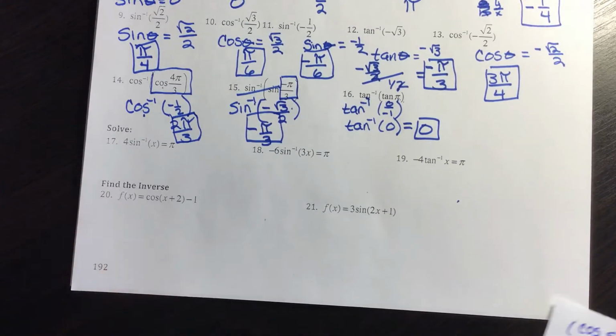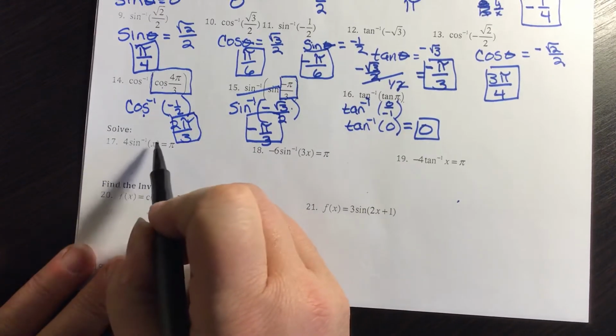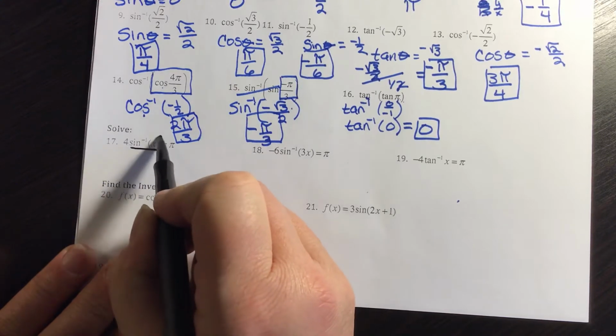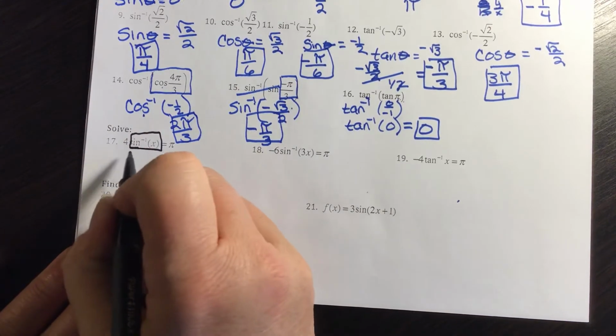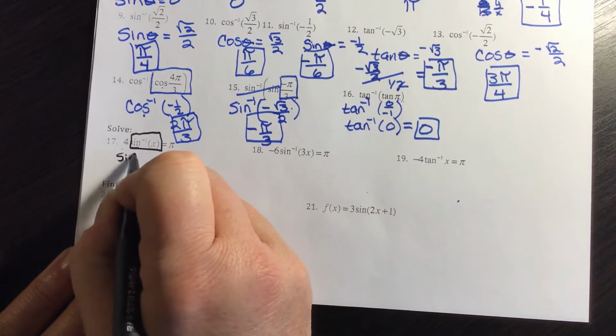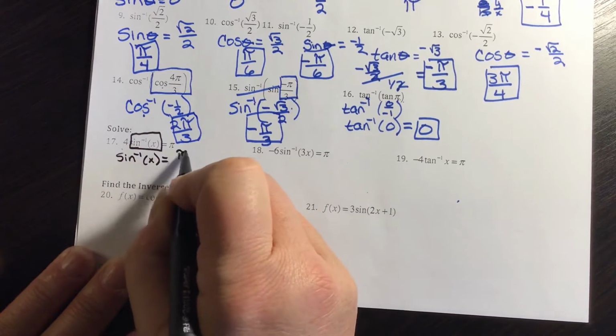Number 17. Now we're going to solve some equations. And before I can look for the angle, I have to get the inverse sine by itself. So I'm going to divide both sides by 4. So I have sine inverse of x equals pi over 4.